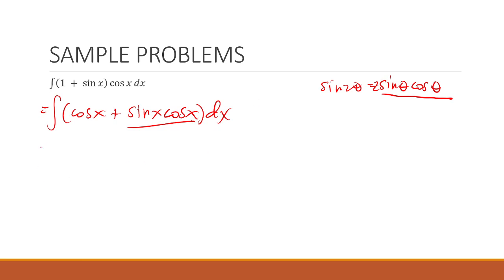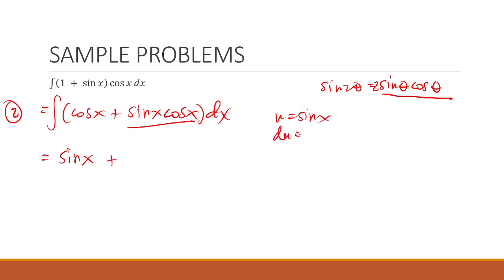Itong ipakita. So integral of cosine is sine, right? Sige. We already have the first, diba, kanina yung direct u sub. So let's call this method number 2. So cosine is positive sine, so sine x plus, let's try u sub where u is sine.